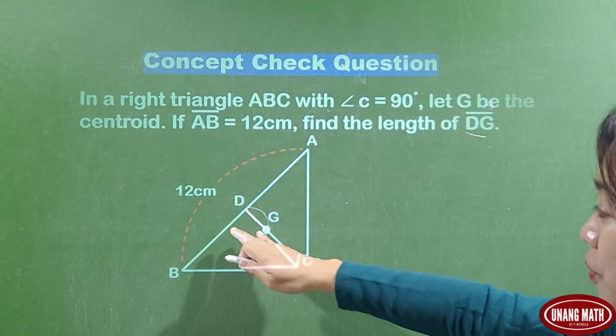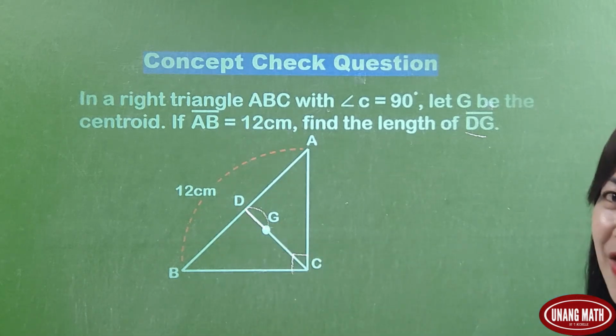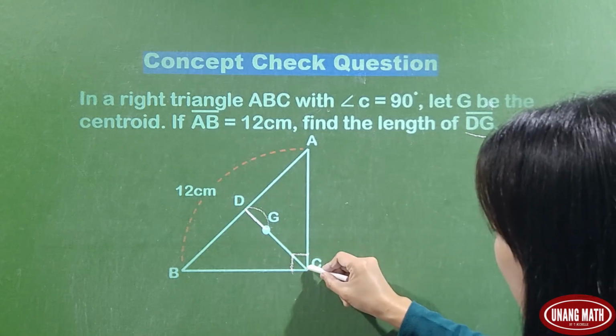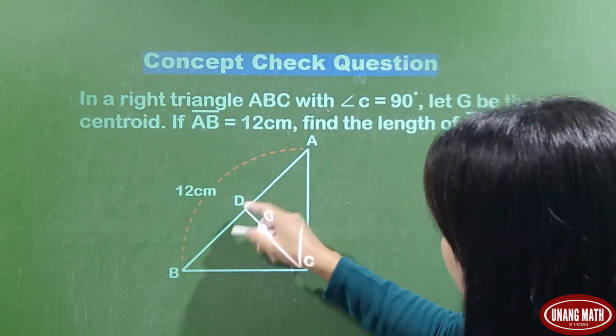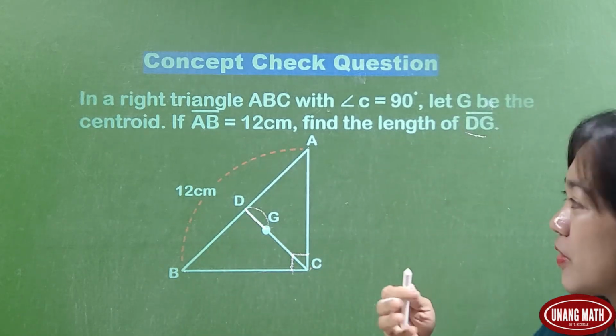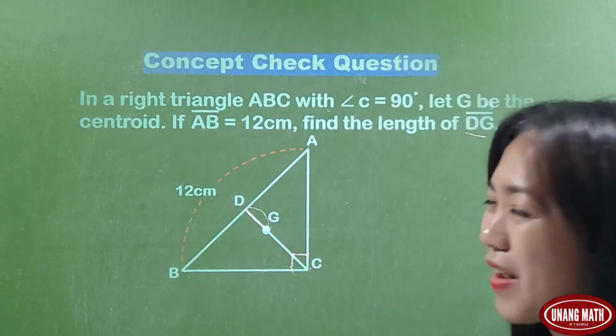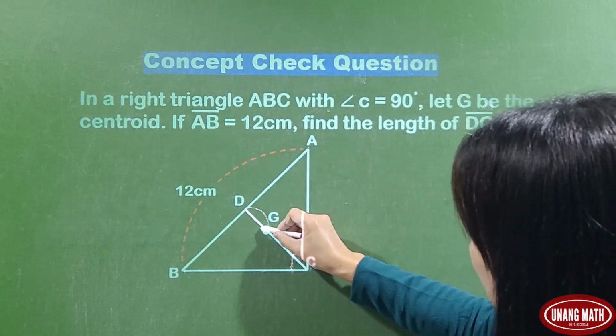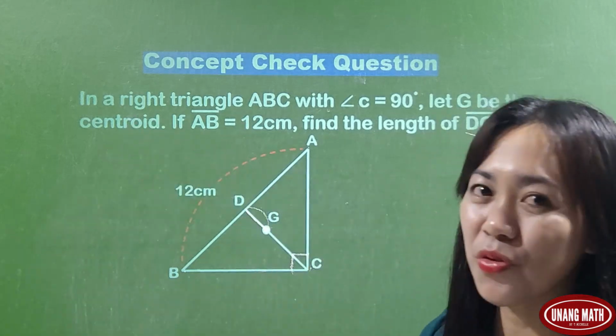So how are we going to find the length of segment DG? It's already indicated that angle C is 90 degrees. So it means this segment AB is the hypotenuse of this right triangle. It's also given that point G is centroid.